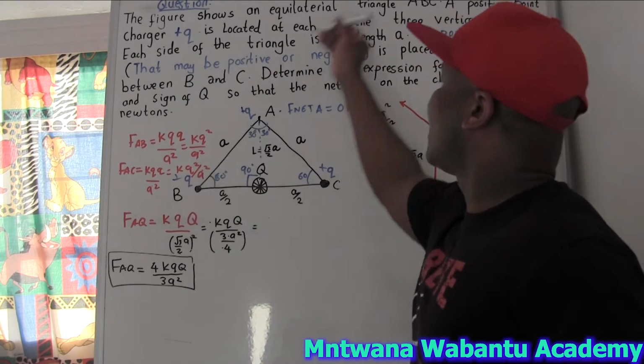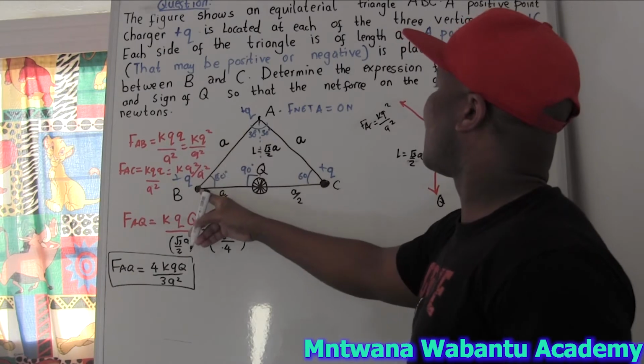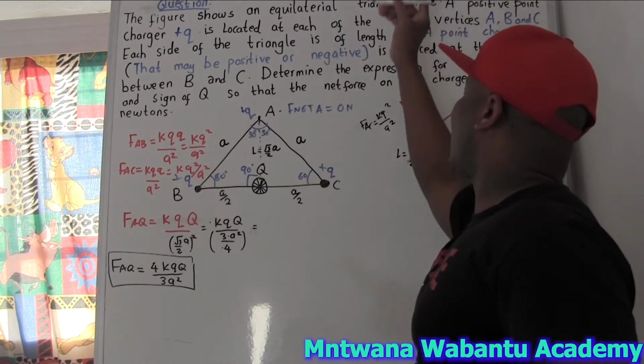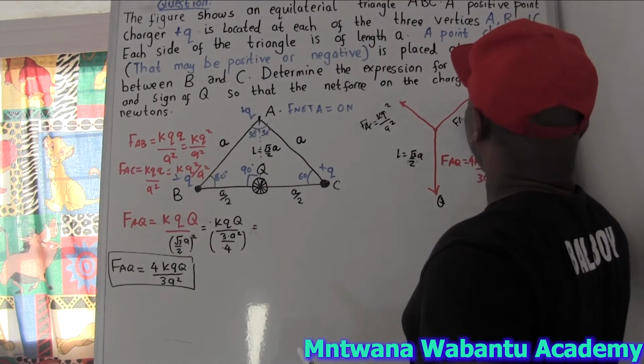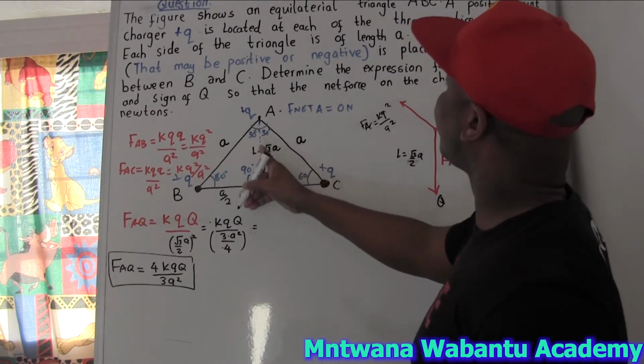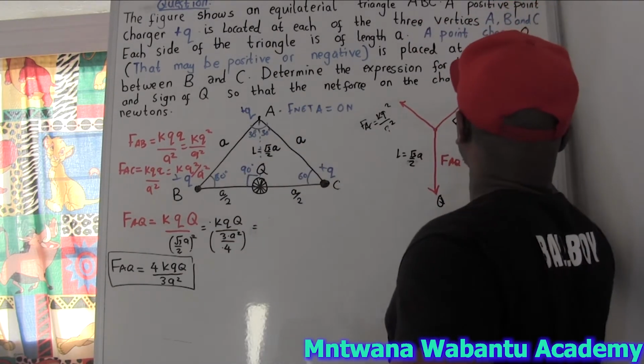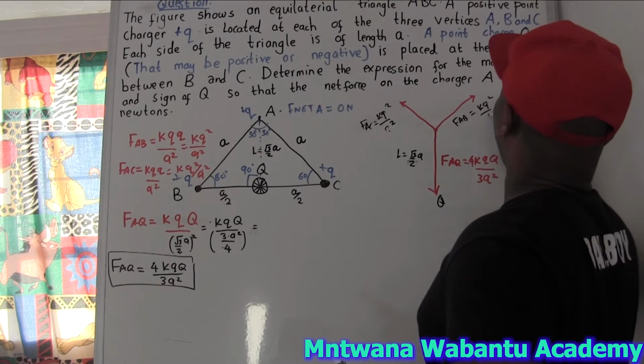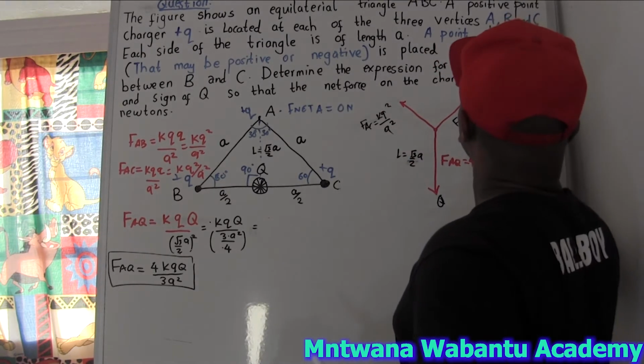What about that one? Same thing, AB, it must move that way so that you can keep this equilibrium. Force AB equals the same thing, kQ squared over A squared.